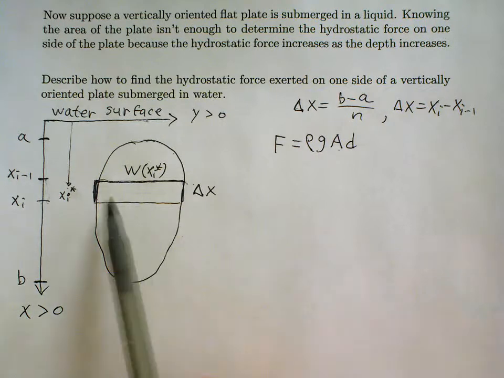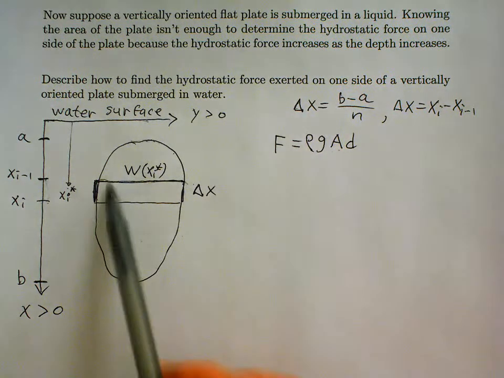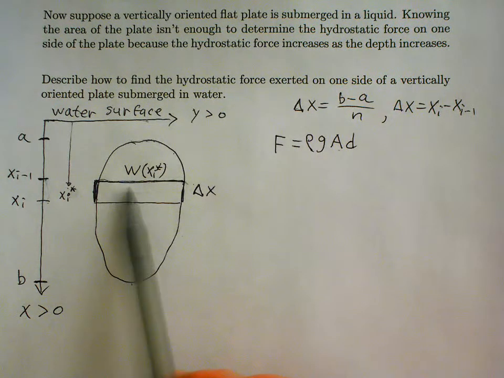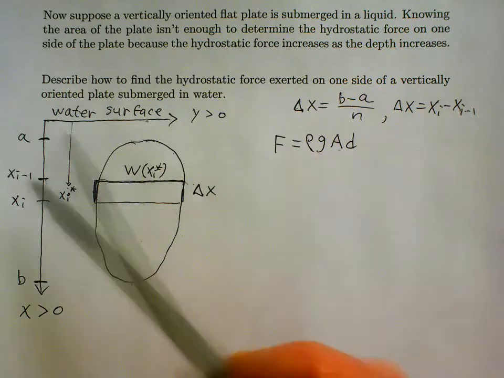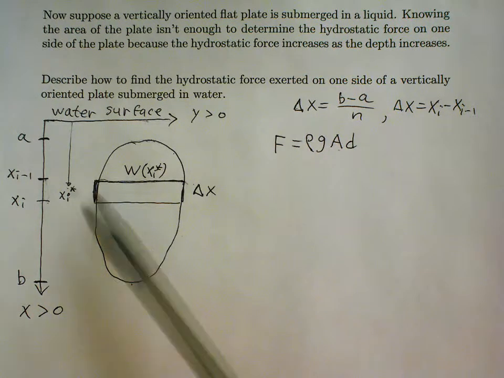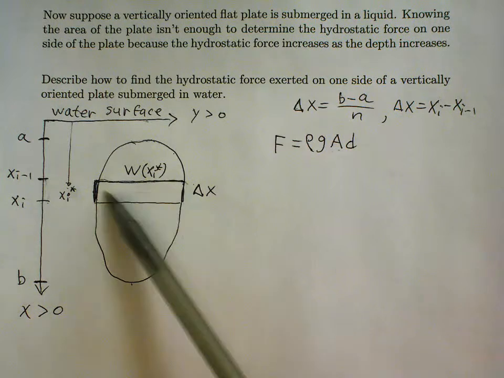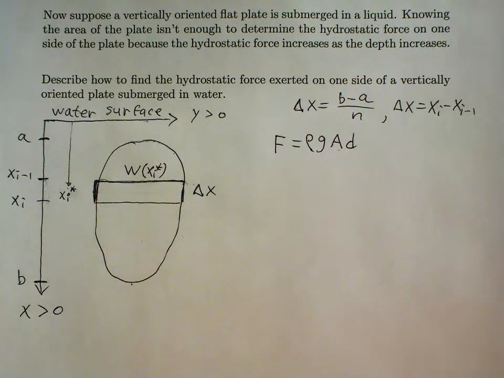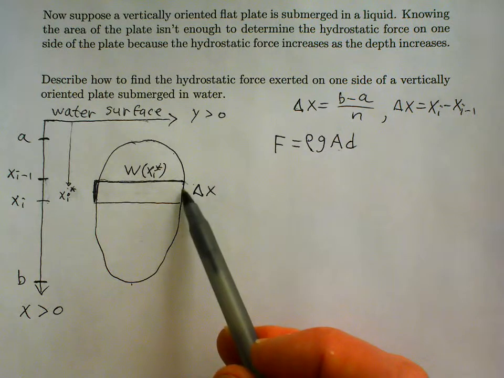Okay, so for really skinny rectangles, which is what you get if you allow n to be an extremely large number, the hydrostatic force on that rectangle is approximately the same as if the rectangle were horizontal instead of vertical.